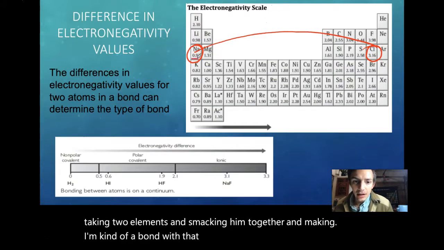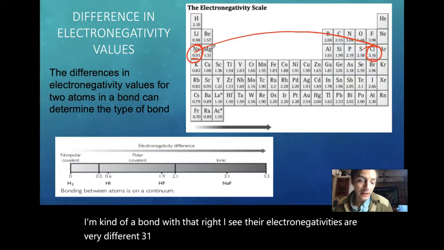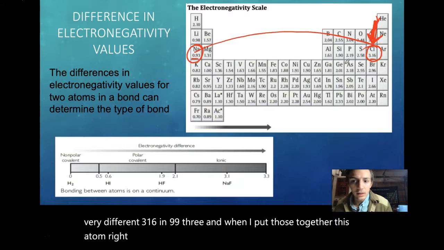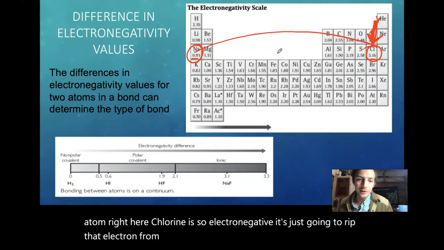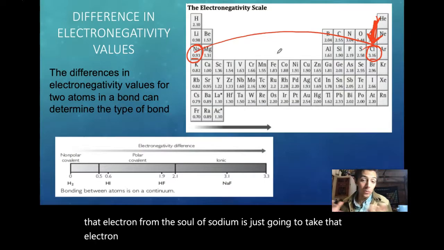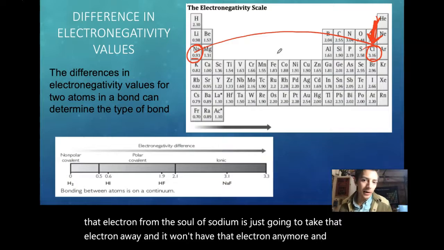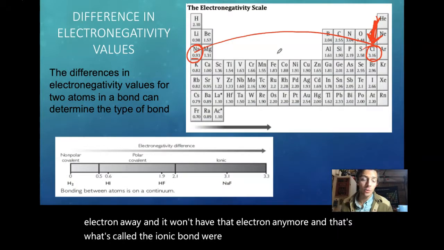I see their electronegativities are very different, 3.16 and 9.93. And when I put those together, this atom right here, chlorine, is so electronegative, it's just going to rip that electron from the soul of sodium. It's just going to take that electron away. It won't have that electron anymore. And that's what's called the ionic bond, where it just rips the electron away. It doesn't care, and it just takes it.